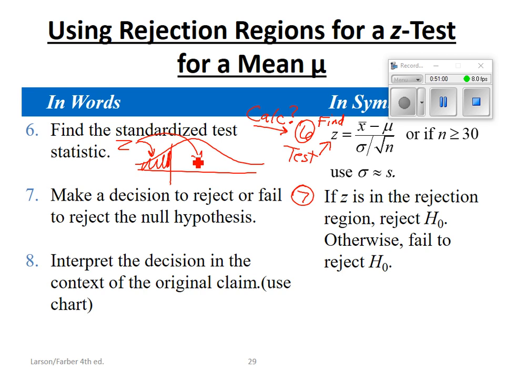Then number 8, we write out the paragraph. Part 1, remember you use your percent. Part 2, use the statement from the chart. And part 3, you connect it to the original problem.